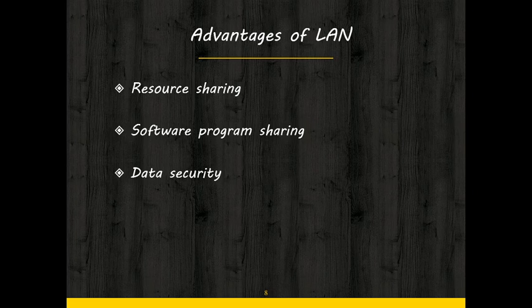Okay, next is user only needs to use a single license software, and it can then be shared to all other users in the network. Okay, and next is data security. So keeping data on a server is more secure, and the admin can also give access to and revoke access from specific users, so that only authorized users can access the data.